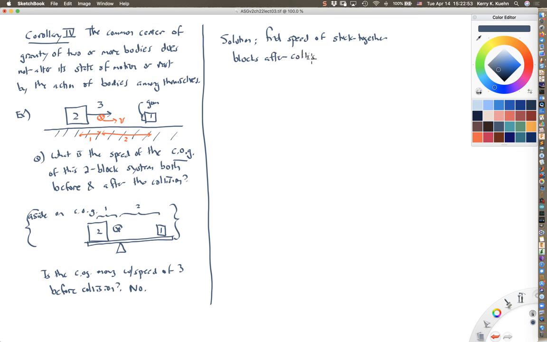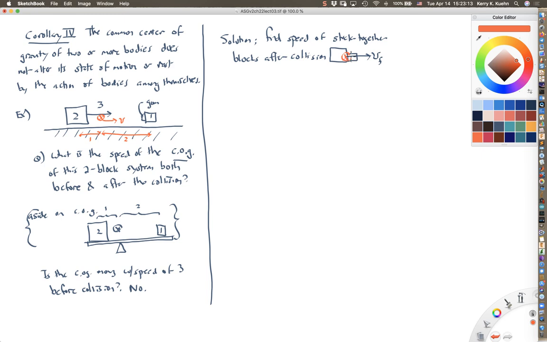Whatever speed that composite 2-block system has, right? They're going to be stuck together, moving with some speed after the collision. That's going to be the final velocity. That is going to be the center of gravity speed after the collision.